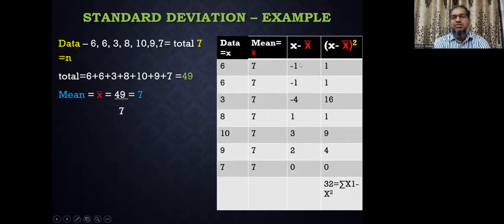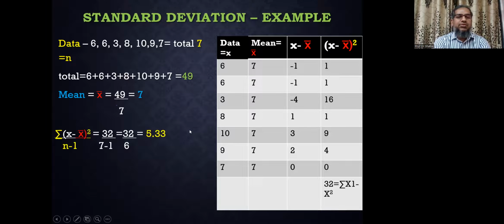X minus x bar is the mean deviation, and we have taken their squares. The square of 1 is 1, the square of 1 is 1, the square of 4 is 16. We have to consider it as positive only. 1 is 1, 3 squared is 9, 2 squared is 4. And we have to add. So we have got 32 as the summation of the squares of the mean deviation.